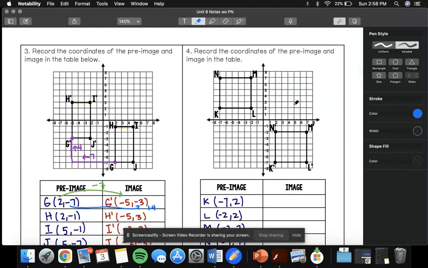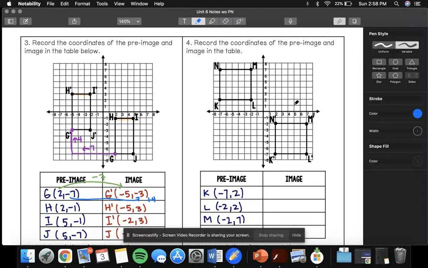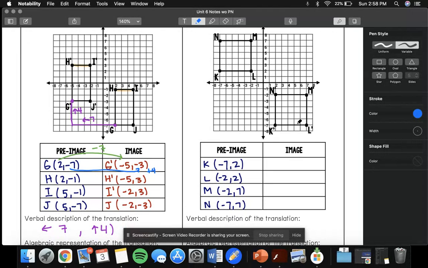All right. For this last one, I'm going to let you guys try this a little bit. I want you guys to go ahead and label K prime, L prime, M prime, and N prime. Okay.